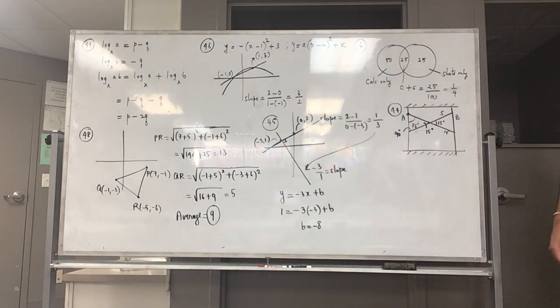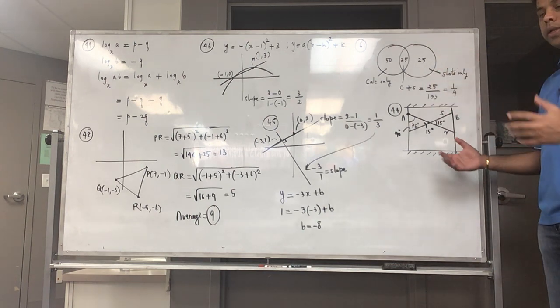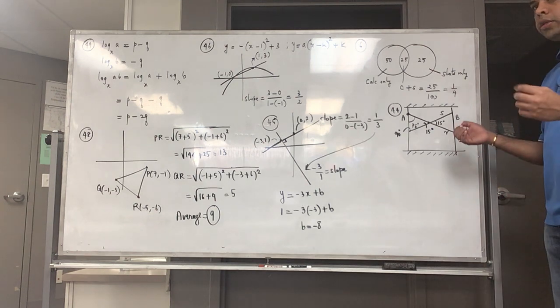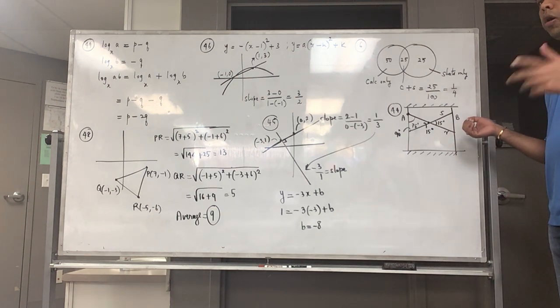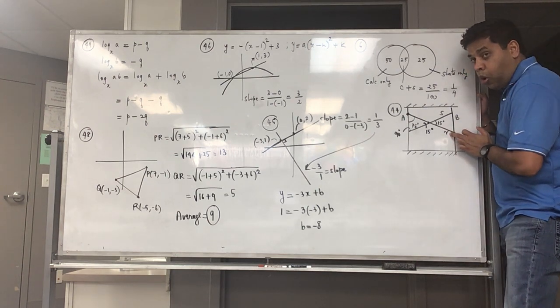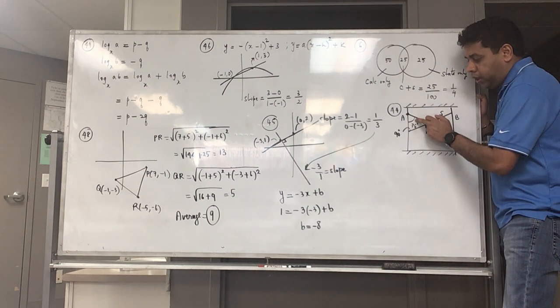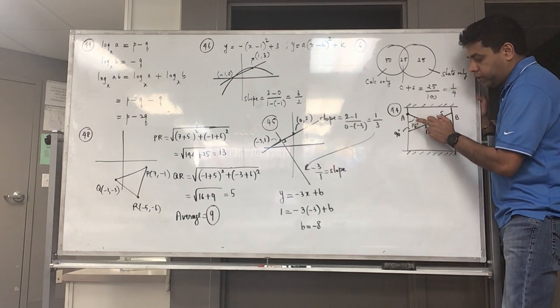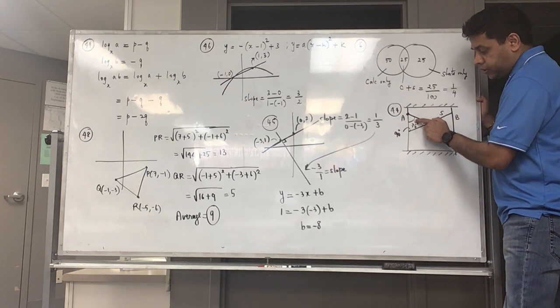44, great question, just a tricky wording, so I have to read it a couple times. So you have two buildings, same height, and they're tying two ropes, R and S. Rope R makes an interior angle with building A at 75 degrees. So this 75 degrees is this one here, okay?